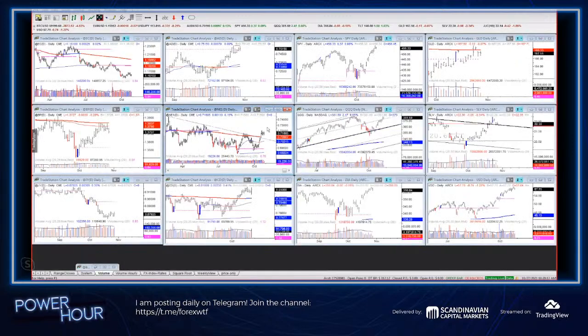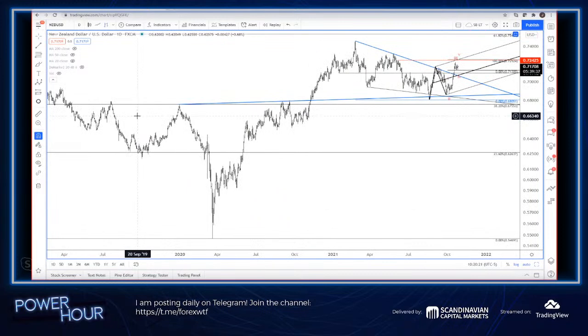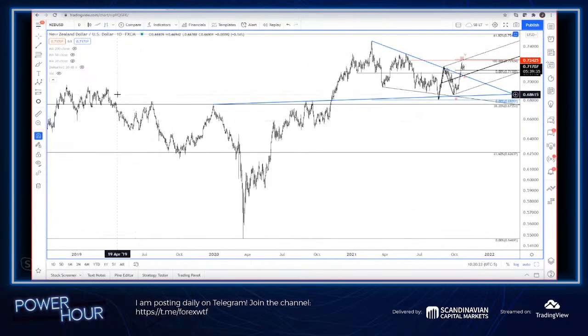And this kind of fits, by the way, this New Zealand dollar setup on a longer term basis really fits with my, call it a bias if you want, but like the fact that the dollar, we had that big move down into the beginning of this year or middle of this year for some other currencies, and then we got the correction, and I do think the dollar rally is a correction. The question is, has it completed yet, or do we have one more little pop?